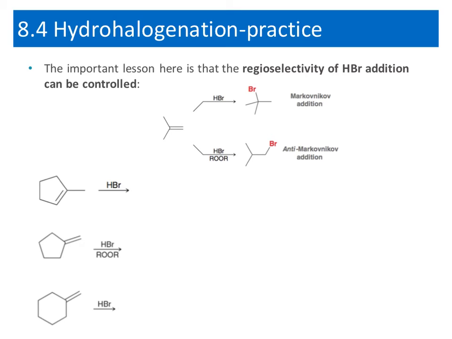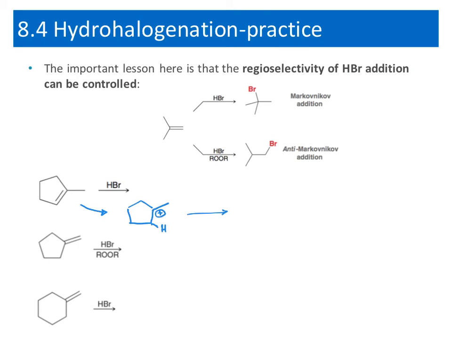So to draw the answer, we know that hydrogen should be added to the less substituted position, which is this one, to form this carbocation. Now, can this carbocation rearrange to form a more stable carbocation? No, this is the most stable one.